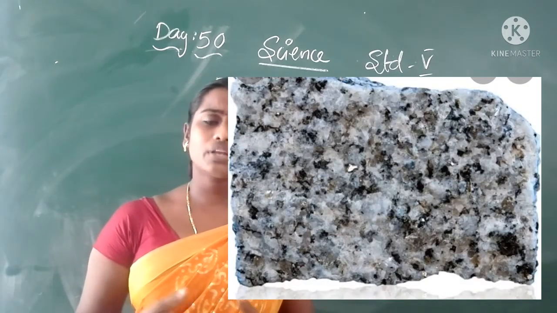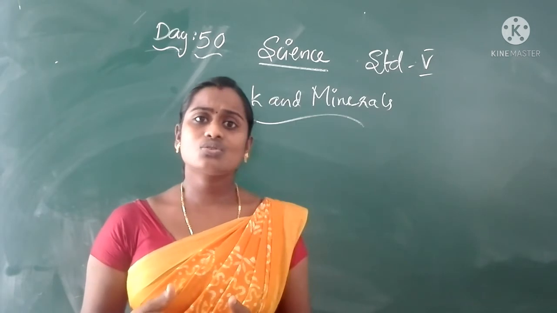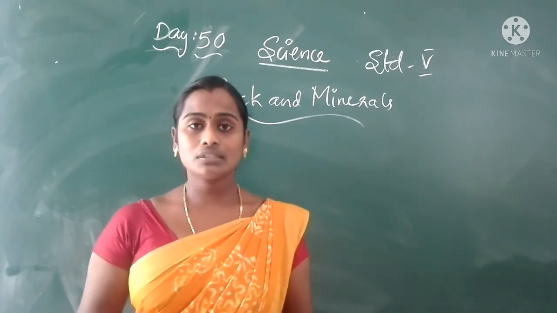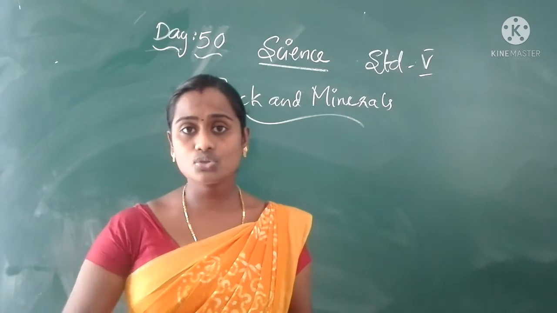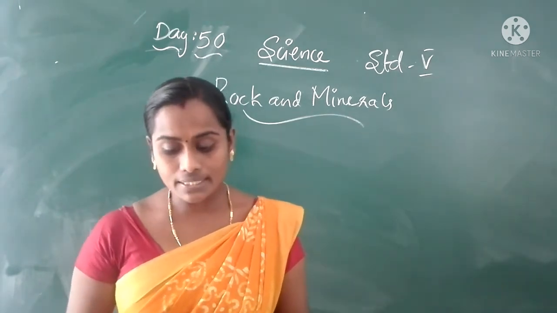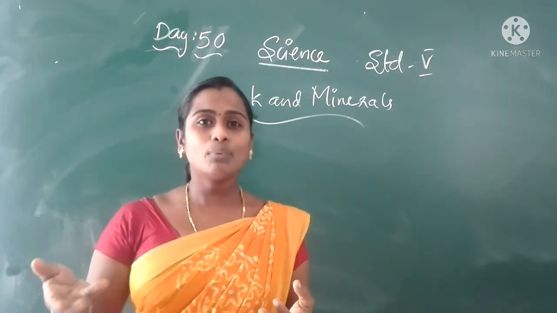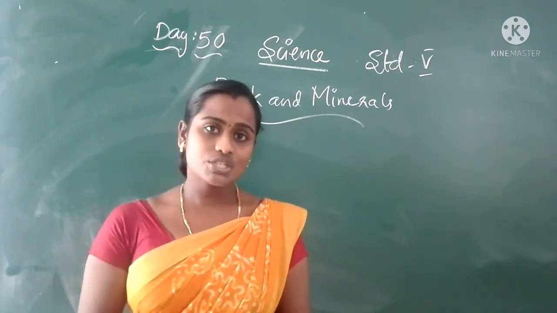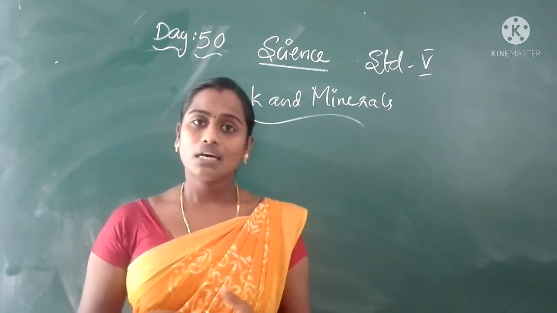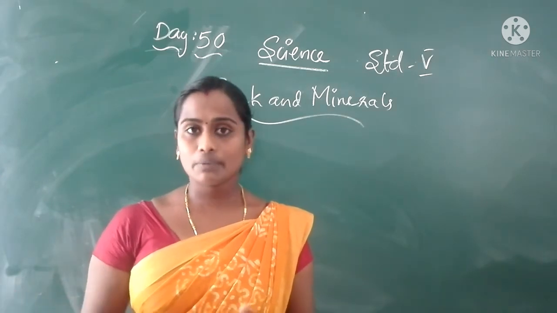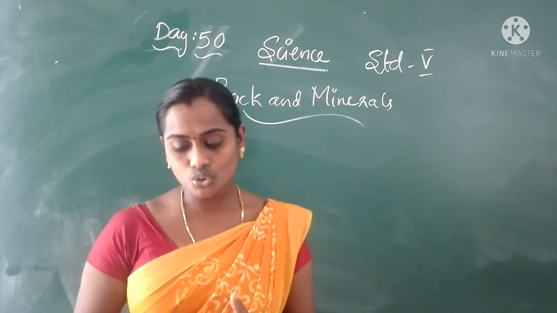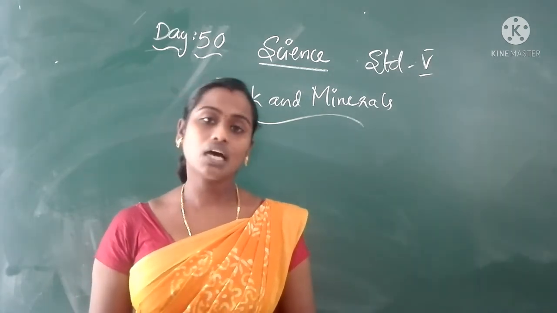What are the uses of granite? Granite is used to make buildings and statues. Granite is also used to make roads. Sometimes it can be polished and made into different shapes and used for our kitchens and floors. Granite is used for kitchen counters in houses too.